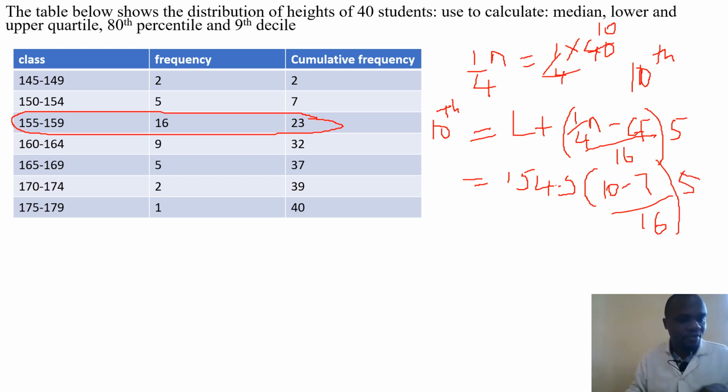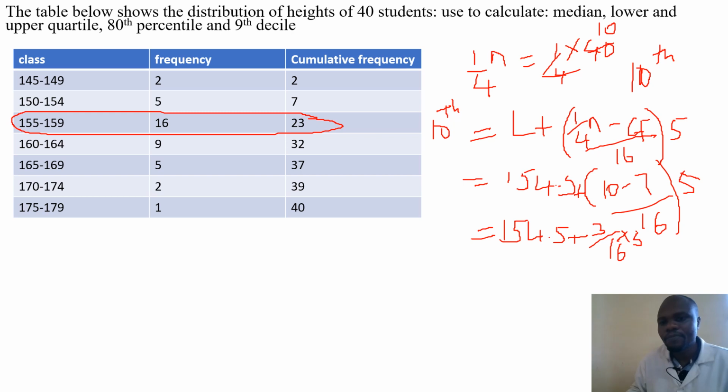And in this case, let me see from my working here, this one becomes 154.5, then this one added to 3 out of 16, then times 5.